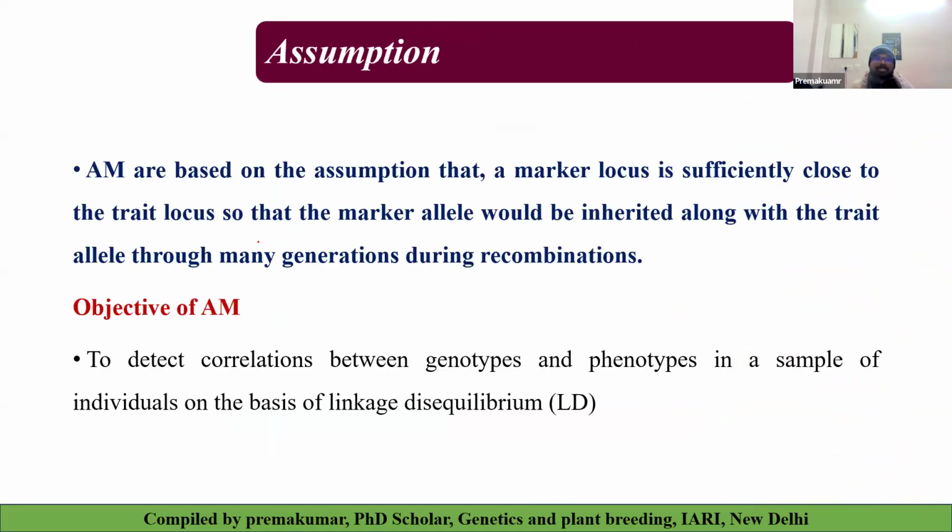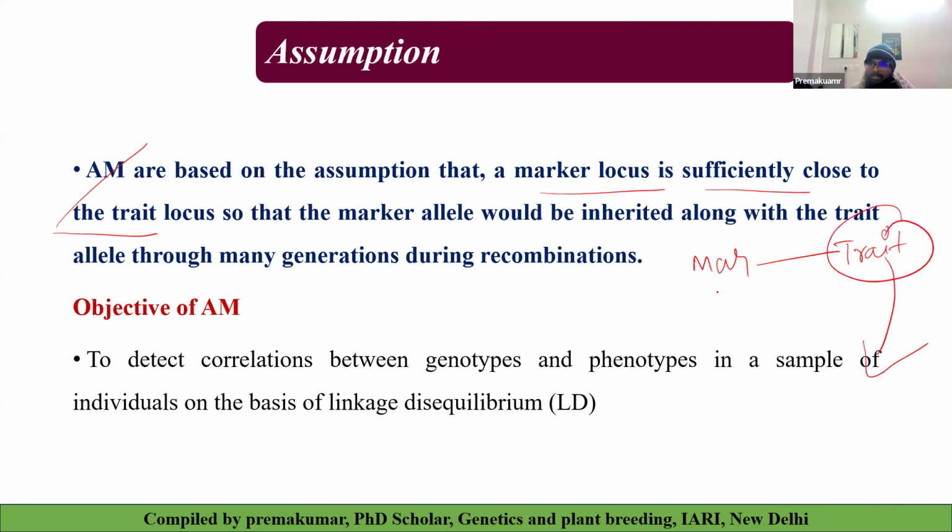Then what is the assumption? The assumption is that the marker locus is sufficiently close to the trait. It means the marker which is very close to the trait, whenever the trait is going to be inherited, the marker is also going to be inherited. If you choose this marker, you are indirectly choosing the trait. Ultimately, it's used in marker assisted selection.